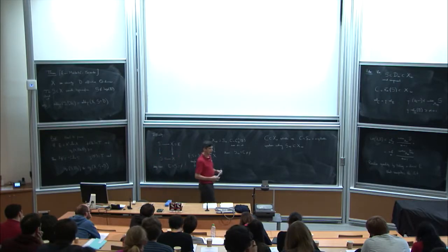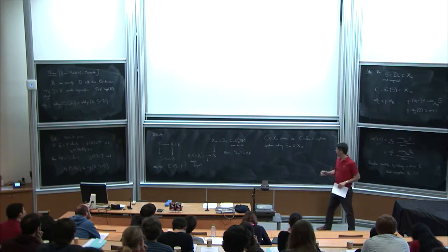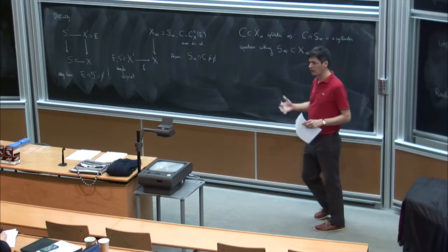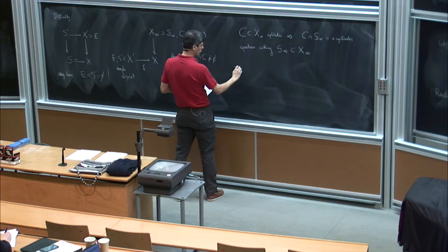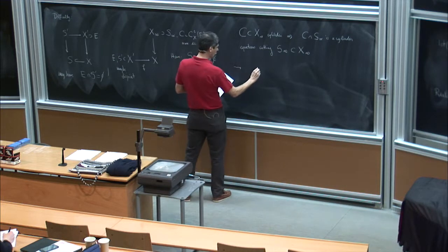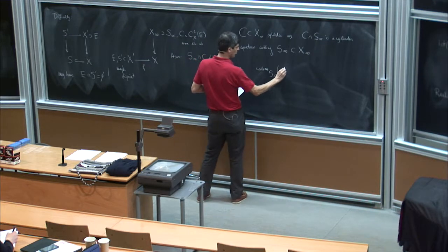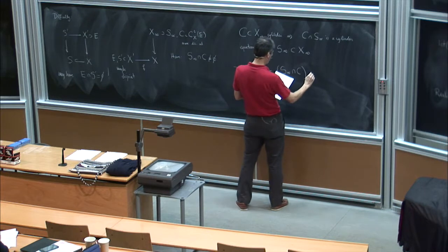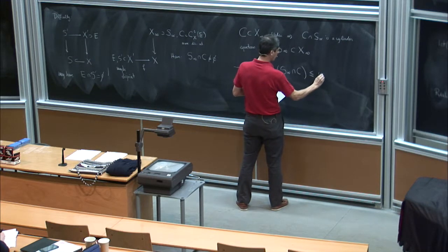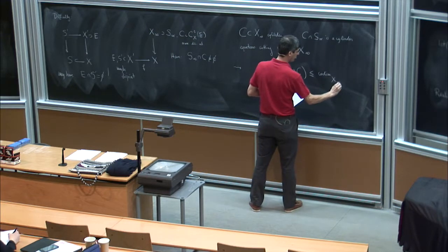So I cut down the dimension on the jet schemes, if you like, one by one, every equation. What you do is you restrict this equation to C and see how much you cut down. So by looking at the equations, what you see is that the codimension in S infinity of S infinity intersect C will be bounded above by the codimension of C in X infinity.